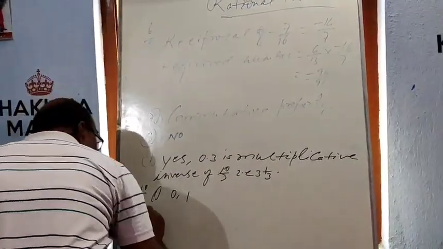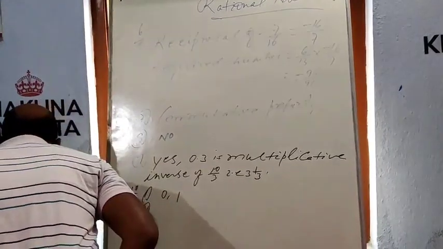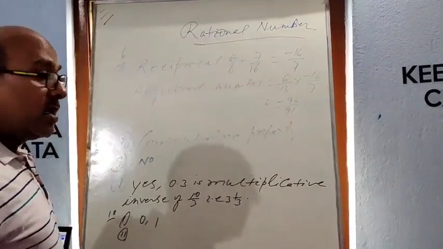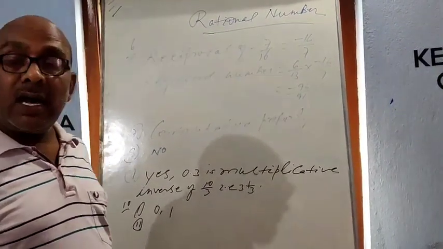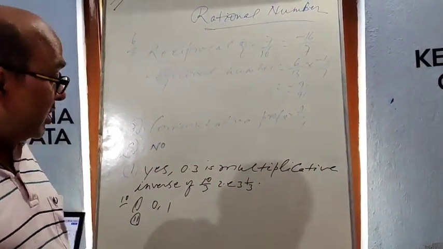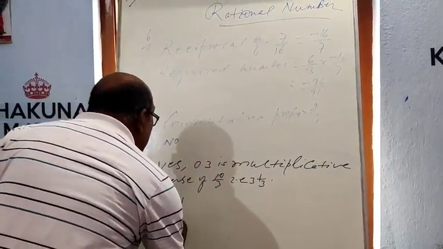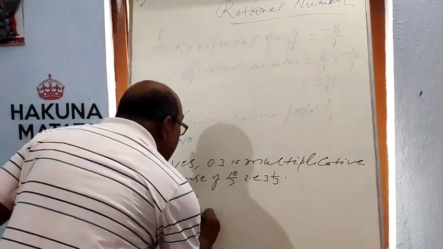Second, the rational numbers that are equal to their reciprocals. The answer is 1 and minus 1. Reciprocal 1 and minus 1.